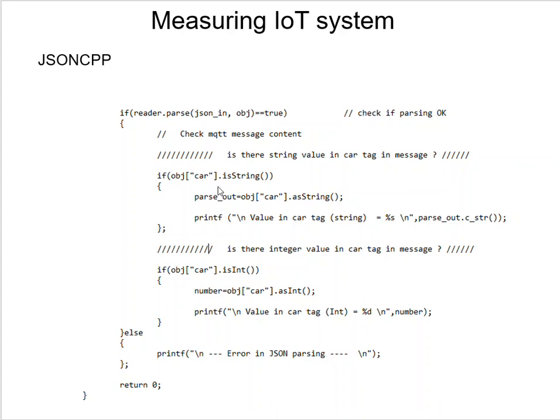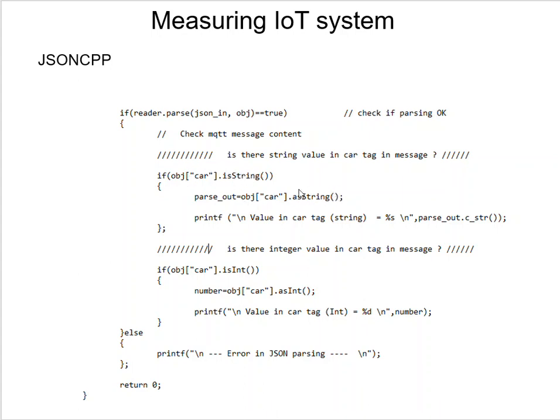And here we are checking what the name in the name-value pair was. We check whether the name was car. And if it was car, then we assume that the value will be a string. Here we check whether it is a string.